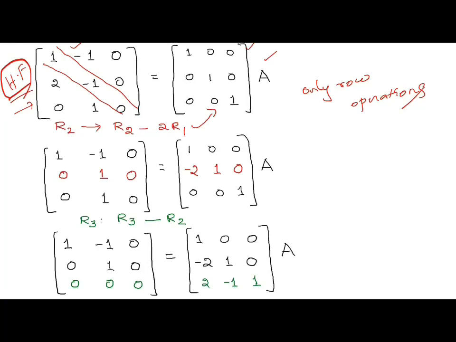Go for the corresponding row operation, that is R2 becomes R2 minus 2R1. So 2 minus 2 is 0, and minus 1 plus 2 gives 1. We get this. Now we apply the same row operation on the identity matrix, and we get this.